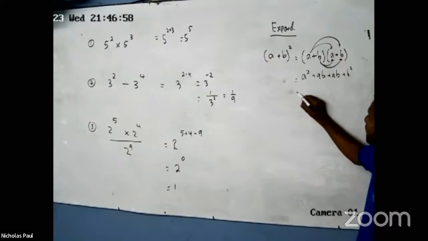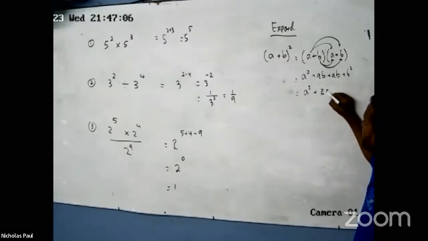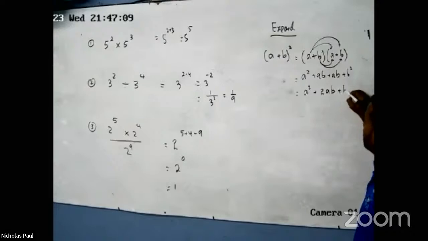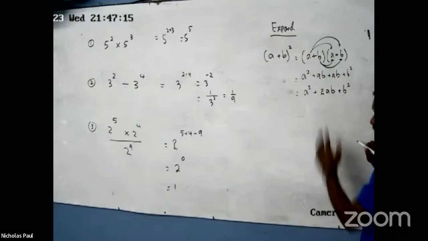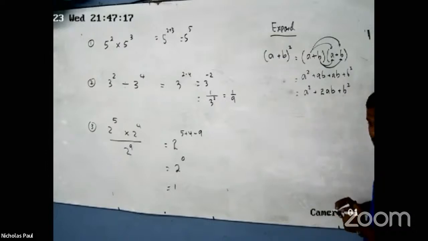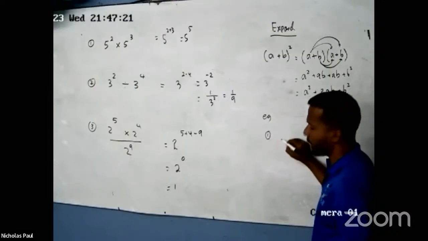And then you have a squared, and these common terms, so 1ab plus 1ab is 2ab, plus b squared. Can I add these? So that's the answer. Okay. So just try one from up there, please.